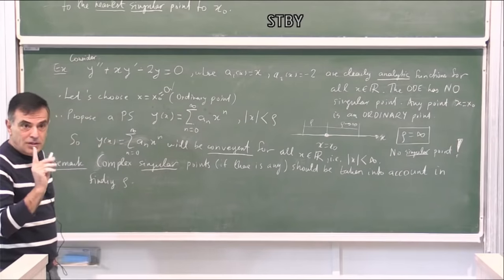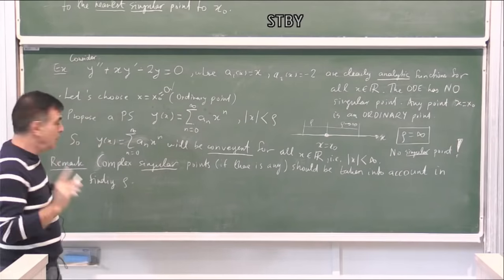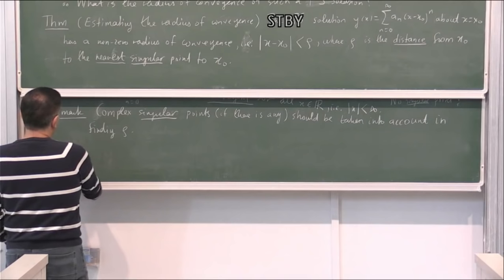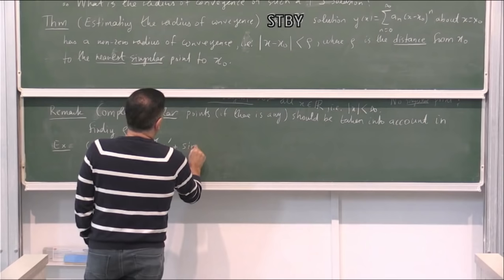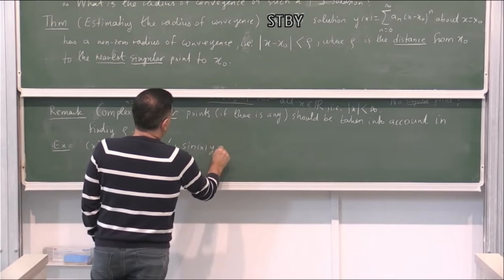Good. This is important. For example, look at this example: x squared plus 1 times y double prime plus e to the power x times y prime plus sine x times y is 0.